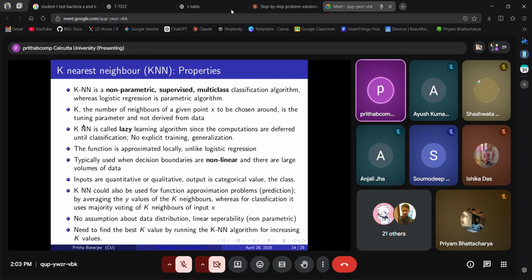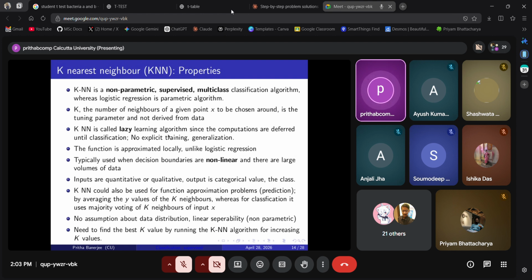KNN is called lazy learning because you don't build a model in the beginning like logistic or linear regression, where we build the function from the data, and whenever new data comes in, we fit it into the equation. Here we don't have a model as such. Whenever new data comes, we simply use this KNN heuristic algorithm to predict its class.